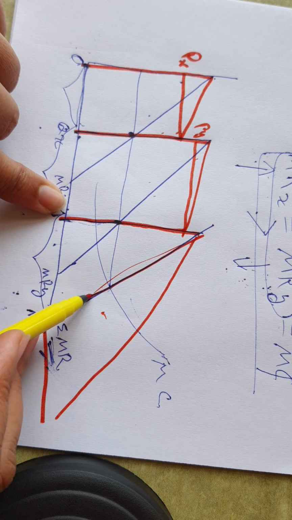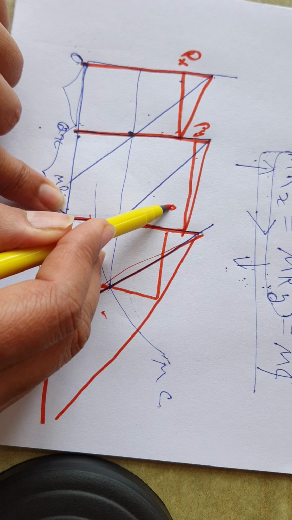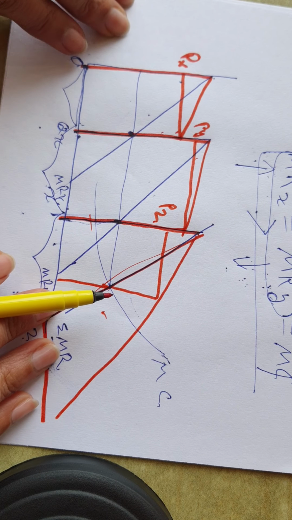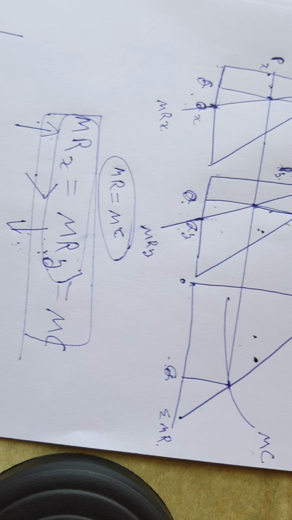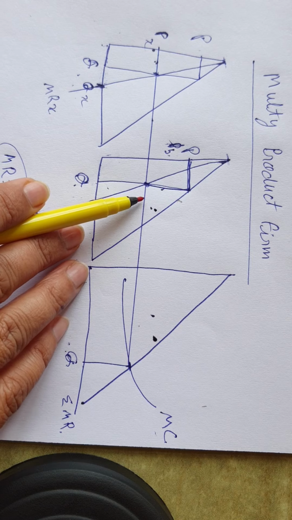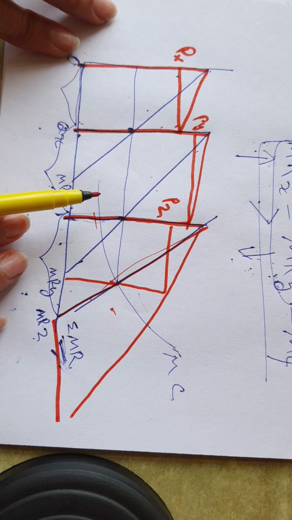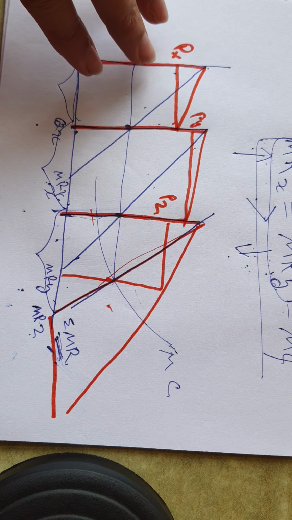And here also, this is the price of Z. So what is happening here? I am using example of 3 commodities, and here I was using example of 2 commodities. So you can draw it like this, or you can draw it like this also. It is up to you. You can use any type of diagram here.